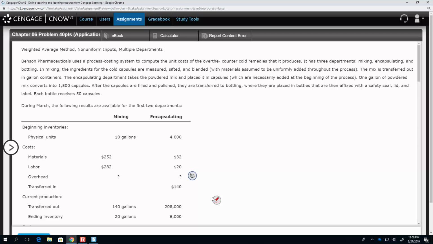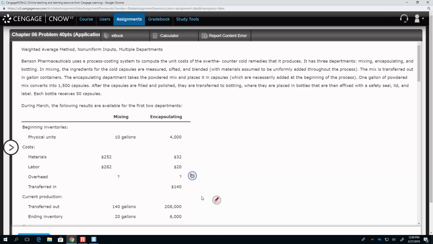So from your templates, I would like you to use the templates that I gave for problem 65. That is a weighted average problem. So these are the templates that I would basically like you to use, or use as a guide, to do your Excel. And a couple things here.